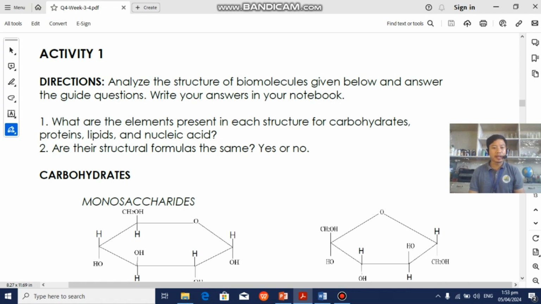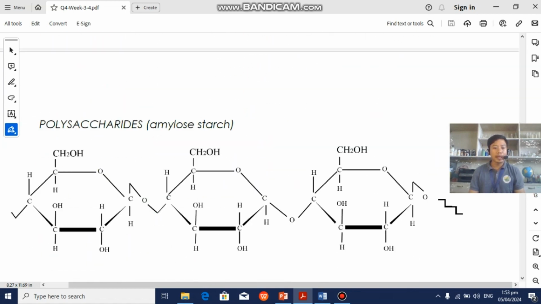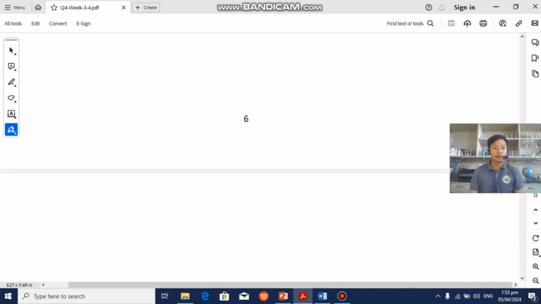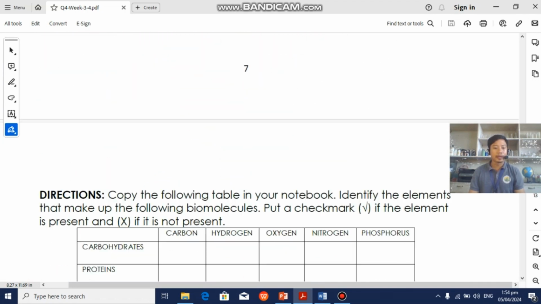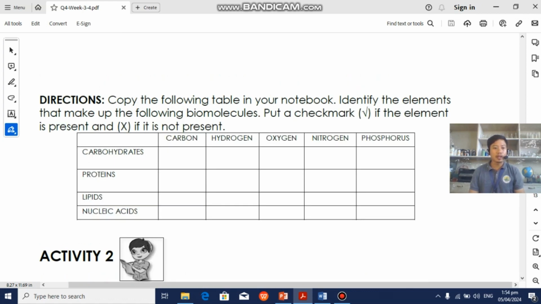You have to copy the questions and answer them. After answering guide questions 1 and 2, you have to copy and write the table below.